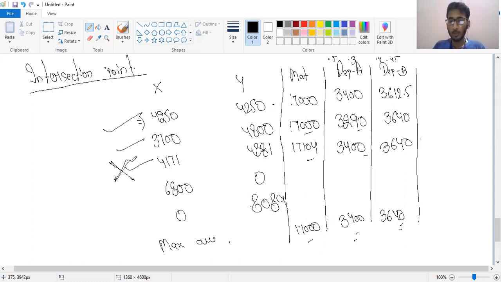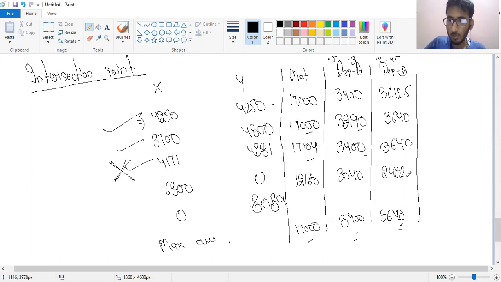Now see the fourth option, 6080 multiplied by 2, I would say 12160. 6080 multiplied by 0.5, I would say 3040, and 2430.